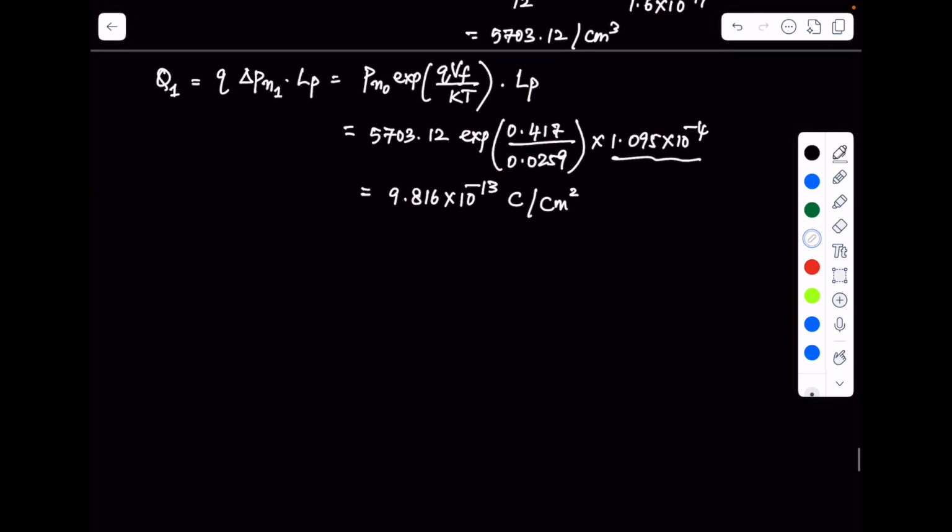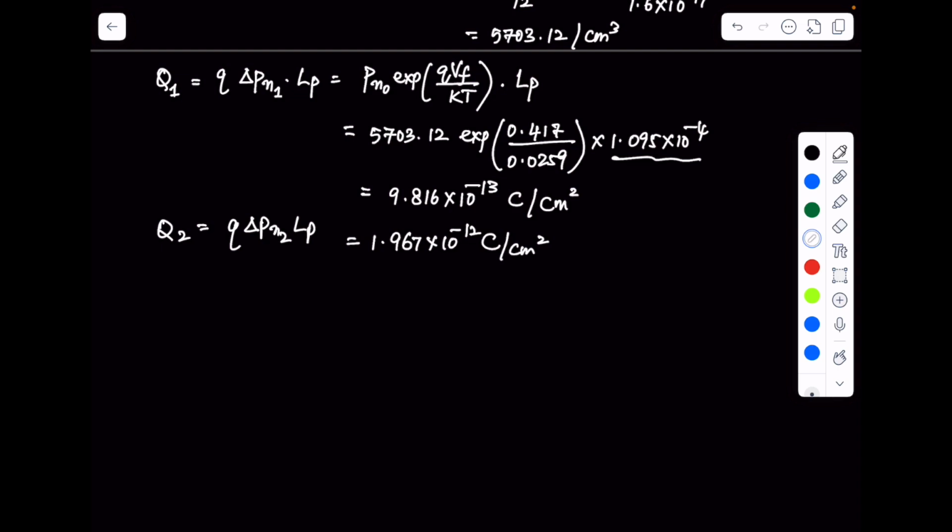And later, when I go to 2 milliamperes, that Q is going to go up to a new value. Again, use the same logic, and that works out to 1.967 into 10 power minus 12 coulomb per centimeter squared, right? So your charge to support that 2 milliamp has to rise up. And so how is your voltage going to rise up?